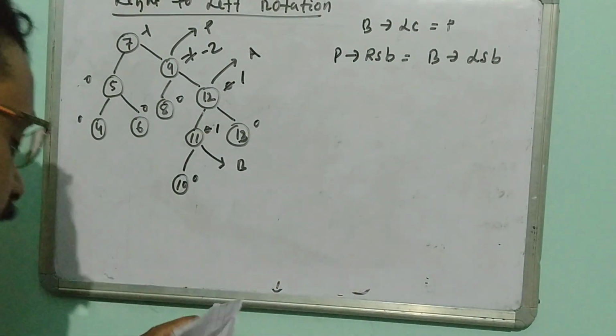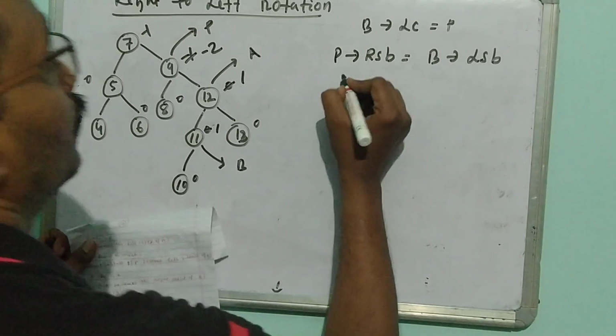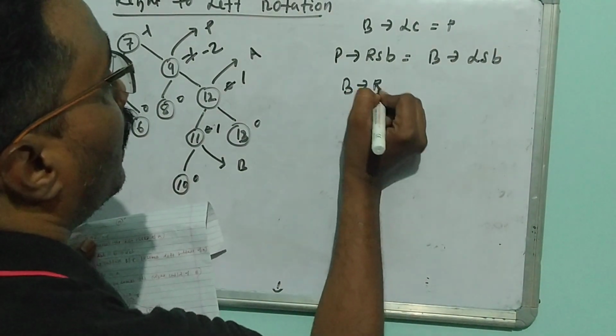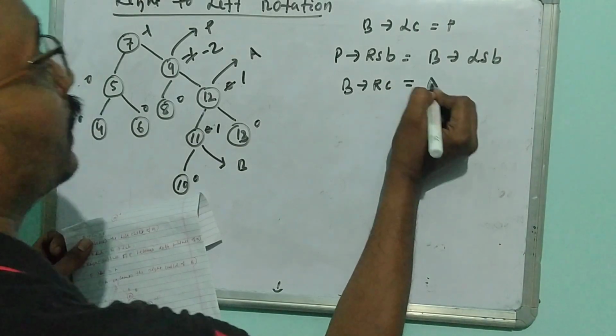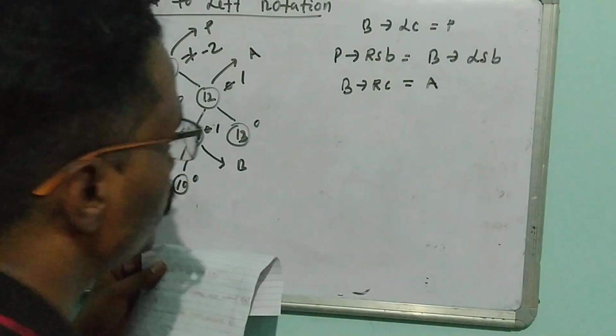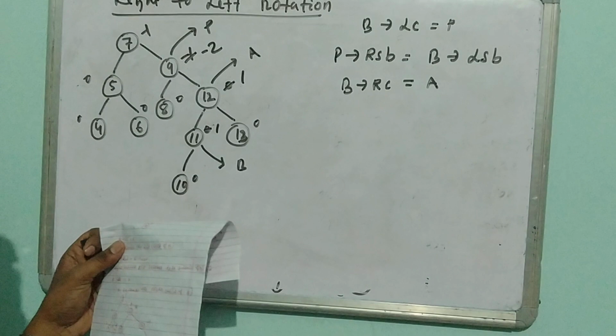And B RC is equal to A. The right child of the B is obviously A.